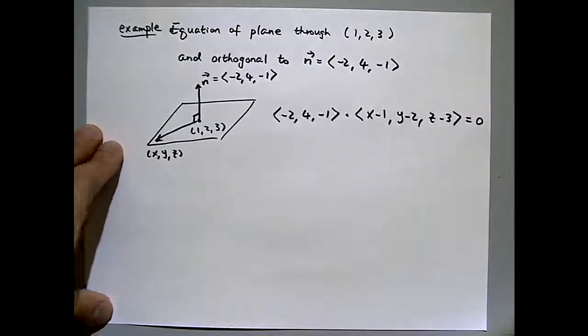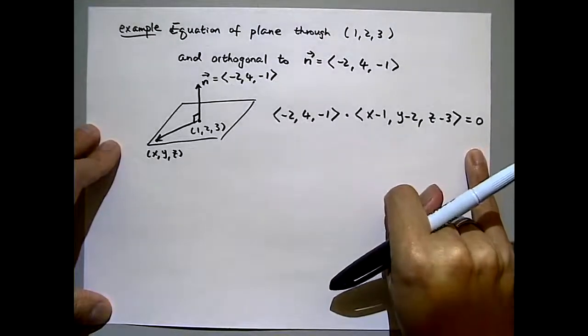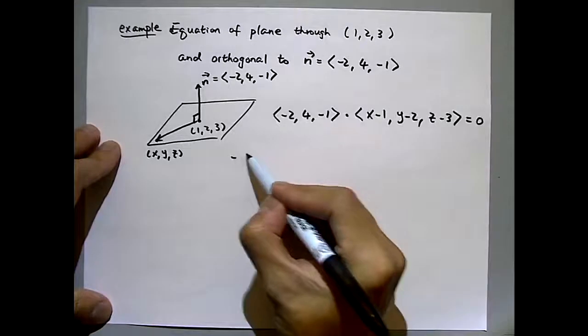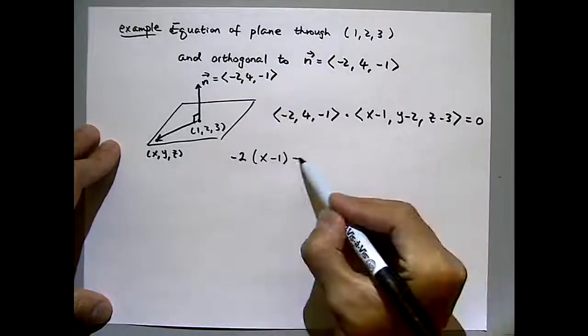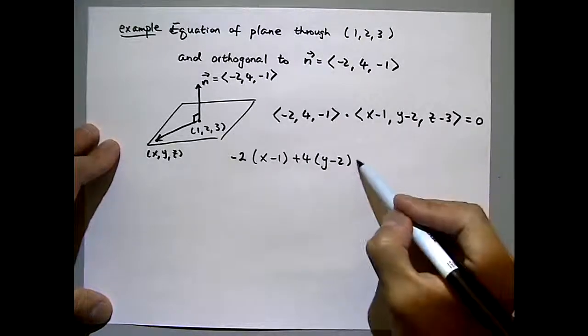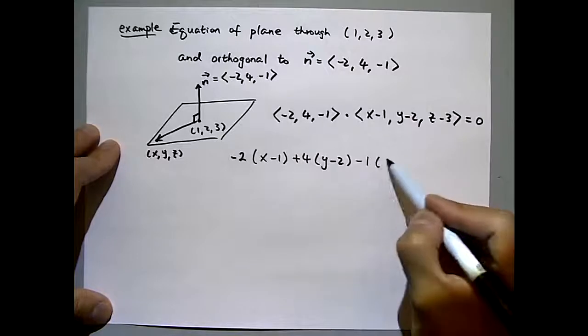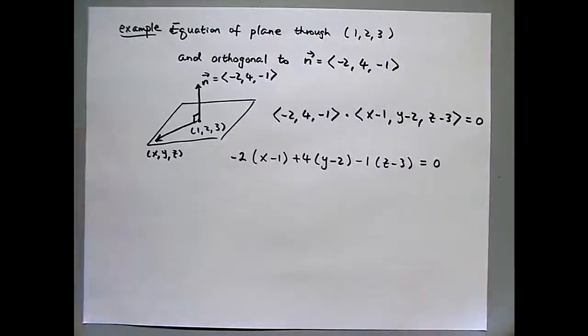And we know because they're perpendicular, when I dot the two vectors, I get a 0. So this becomes minus 2 times x minus 1, plus 4 times y minus 2, minus 1 times z minus 3, is equal to 0.